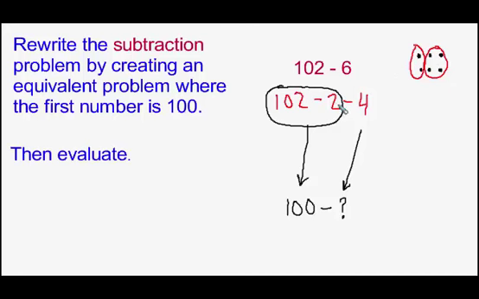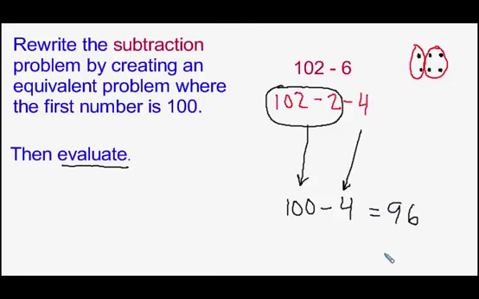Meaning I've subtracted 2, if I subtract 4 more, I will have subtracted all 6 dots. So 102 minus 6 can be thought of as 100 minus 4. Now that I have that, I need to evaluate or calculate the result. My calculated result would be if you had 100 things and you took away 4, this would give you 96.